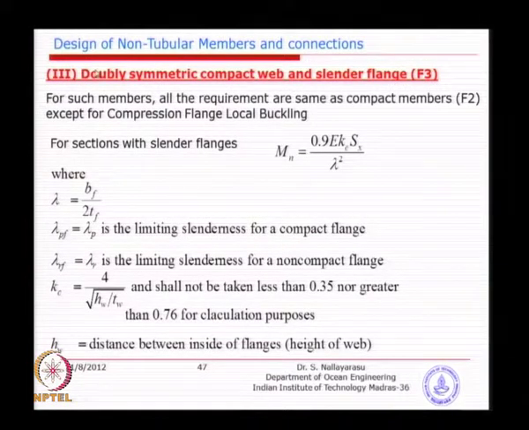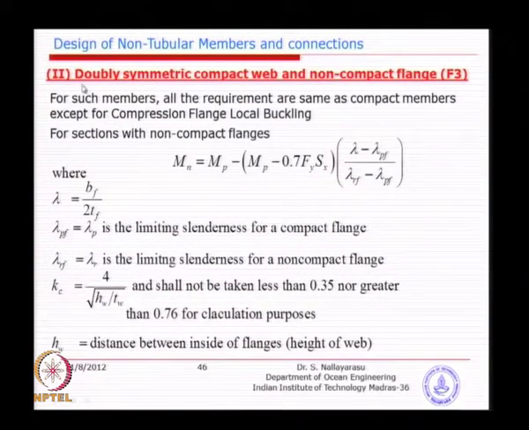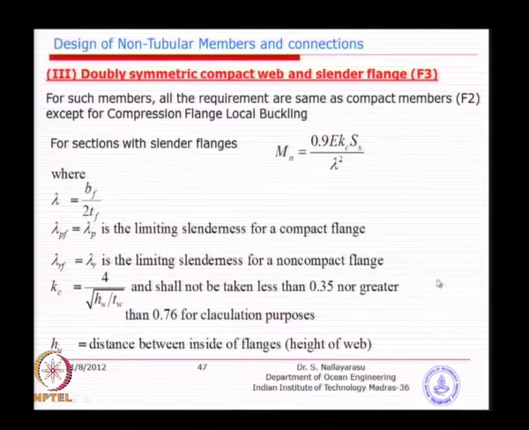Then the next one. Here we need to highlight the difference: for compact web, when the flange becomes non-compact, the equation is replaced only for Mn, and the remaining is almost the same. Then doubly symmetric, compact web, but slender flange.